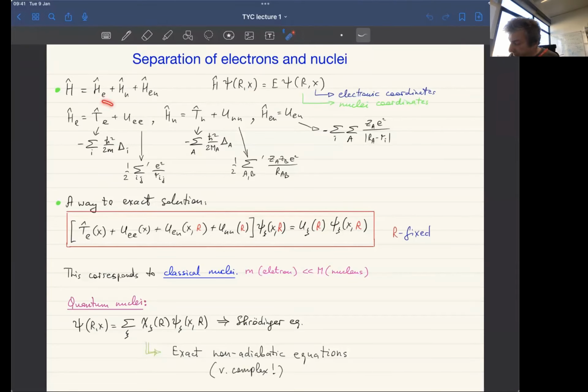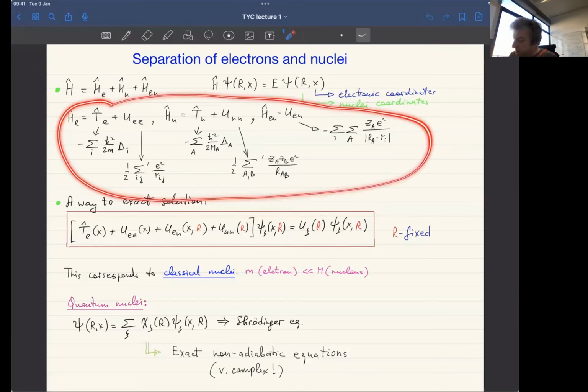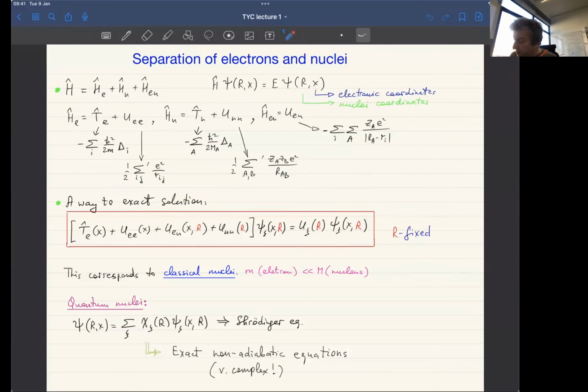And here you see explicit expressions for these different components of the Hamiltonian. For example, for electrons, we have electronic kinetic energy, interaction between electrons. For nuclei, we have nuclear kinetic energy, interaction between nuclei, just Coulomb interaction. And electron-nuclear interaction is, again, a Coulomb term.